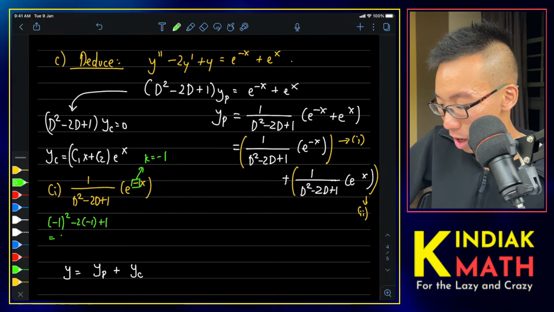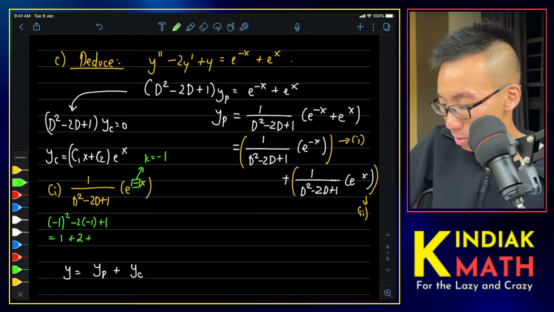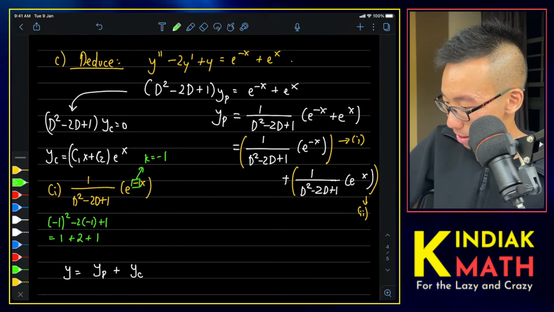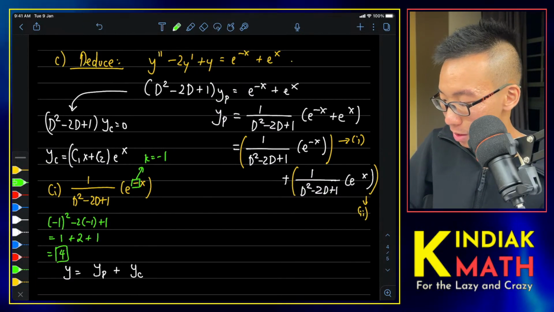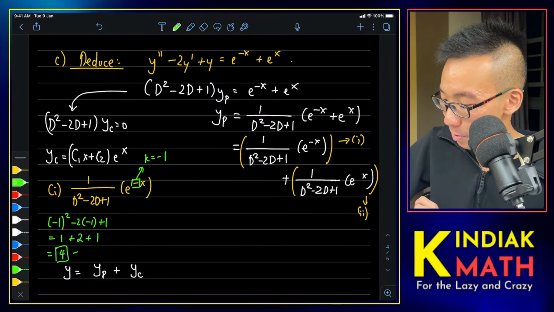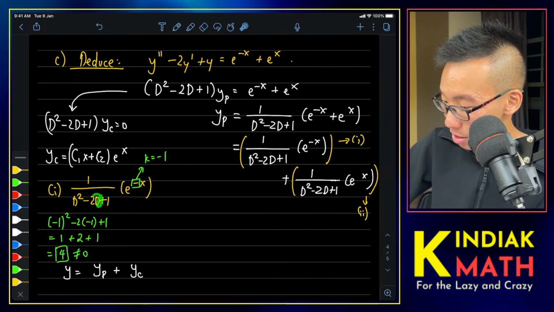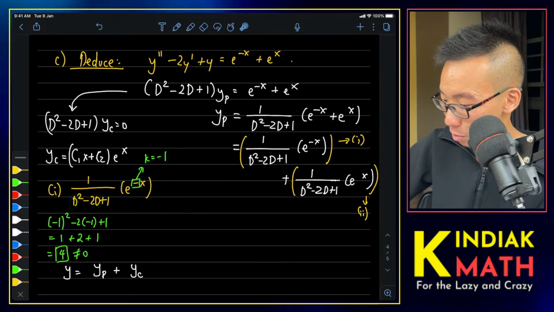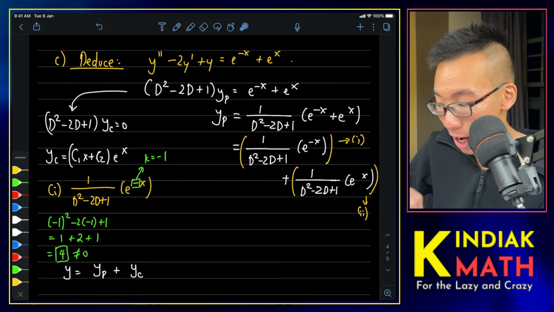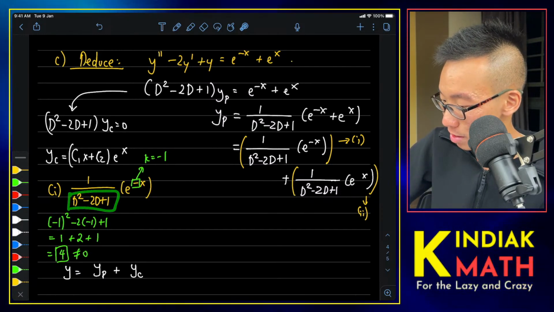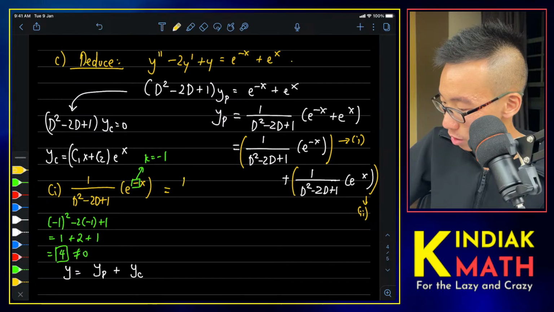We're going to get 1 plus 2 plus 1. Yes, and that would give us 4. So it's not a zero term, which means we are able to just substitute all of the D terms with minus 1. The whole expression would simplify to the number 4.